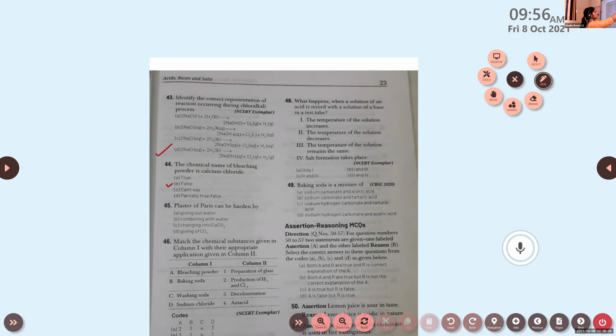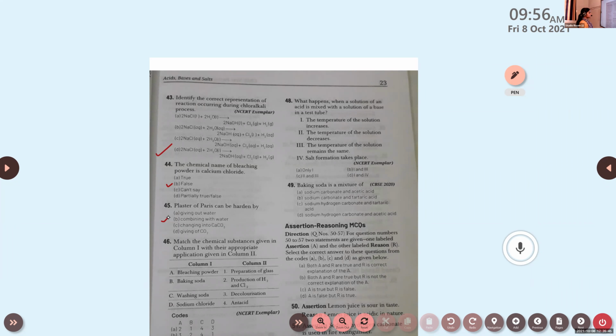Vishnu Priya, can you tell me which one? Water. Yeah, very good. It's combining with water. Plaster of Paris can be hardened by combining with water.